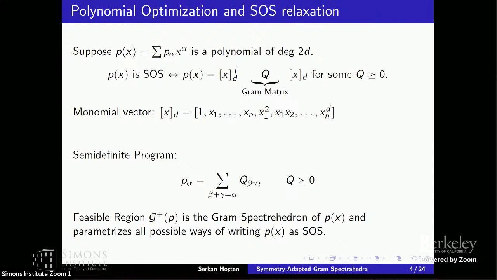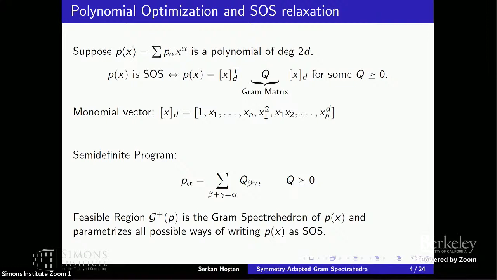They give you some affine constraints, and you want the Q matrix to be positive semidefinite. That's exactly the feasible region of an SDP. And we can ask, is this SDP feasible? That is, is the feasible set non-empty or not? The feasible region of such an SDP is what matters for this problem.